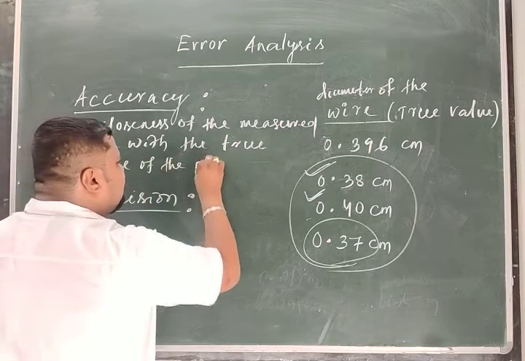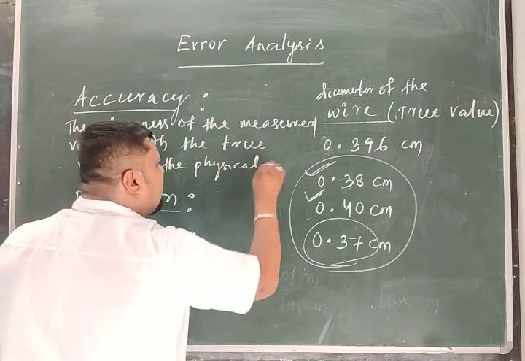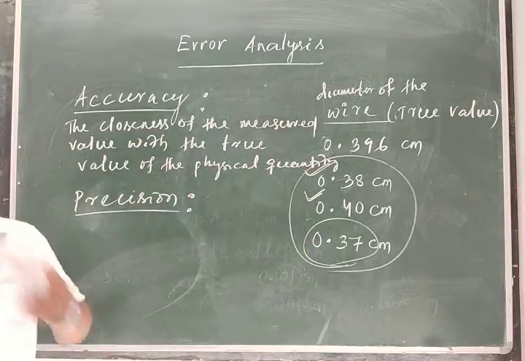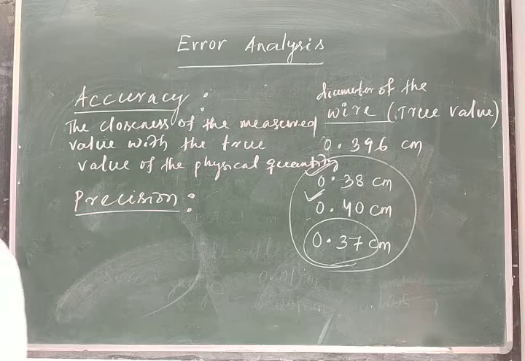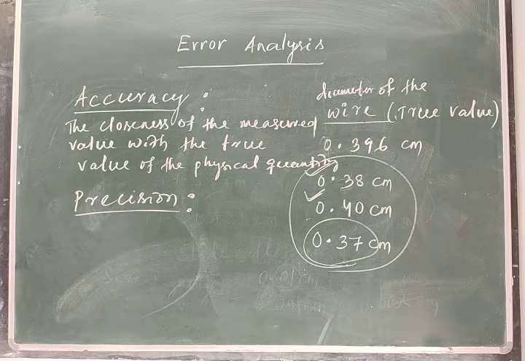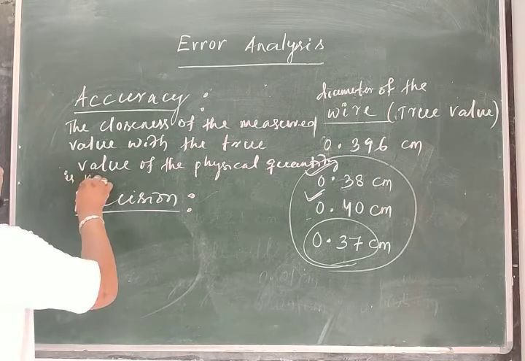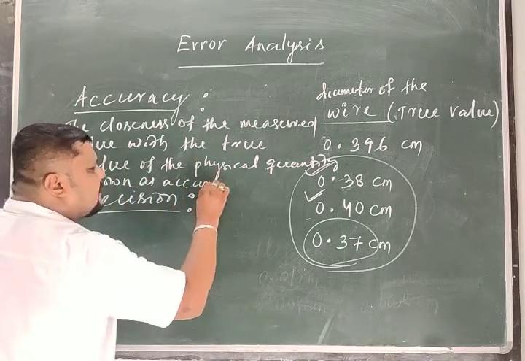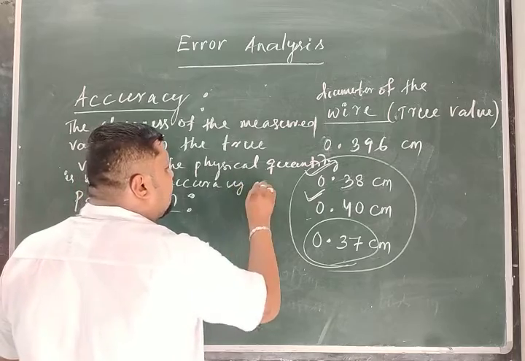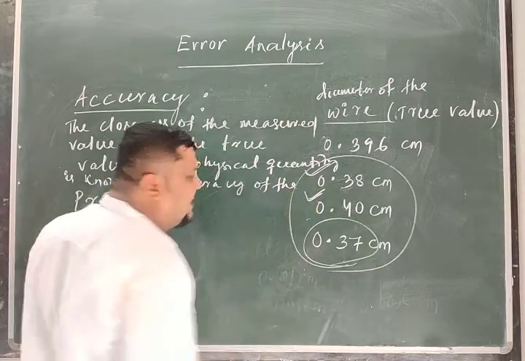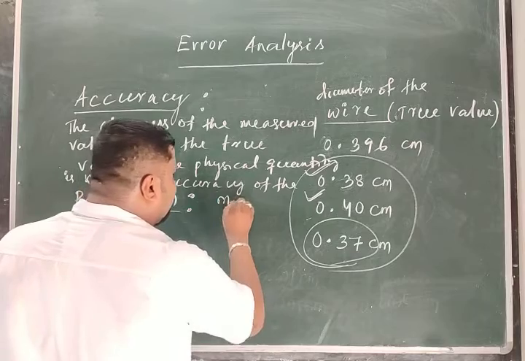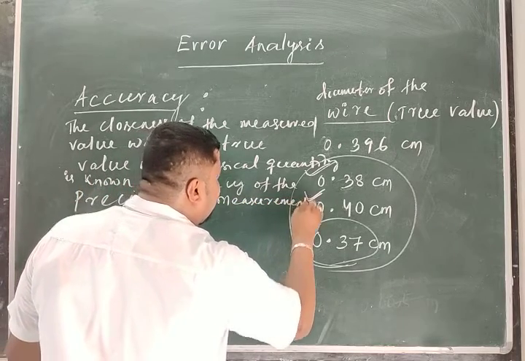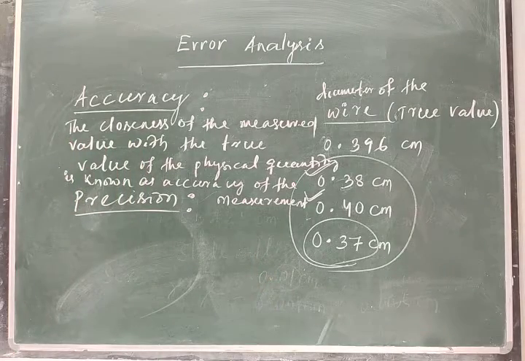This is known as the accuracy of the measurement. Clear? So this is called accuracy.